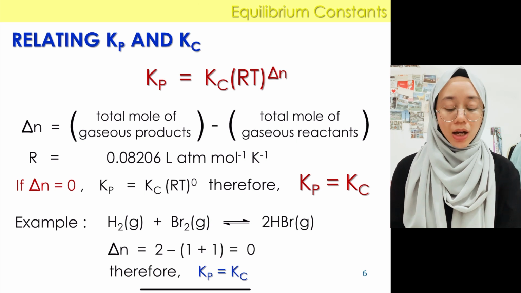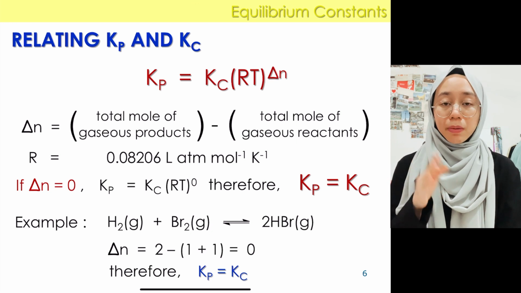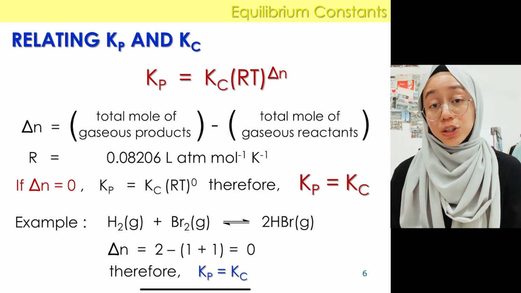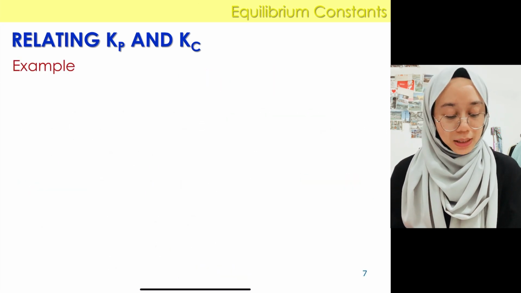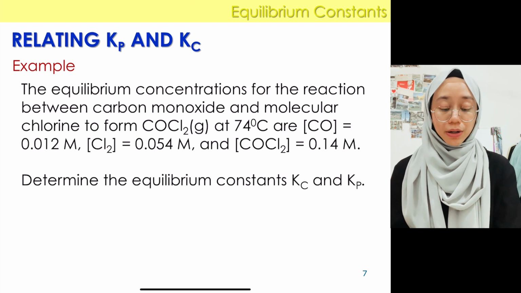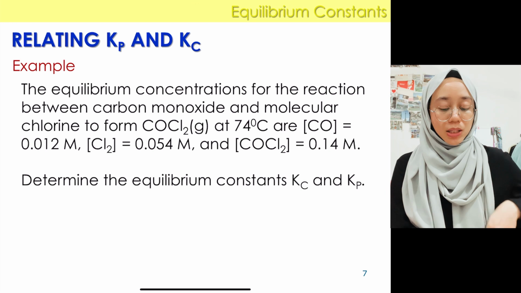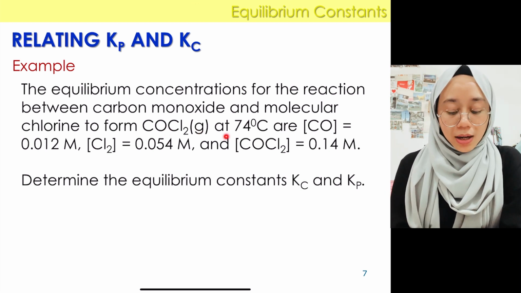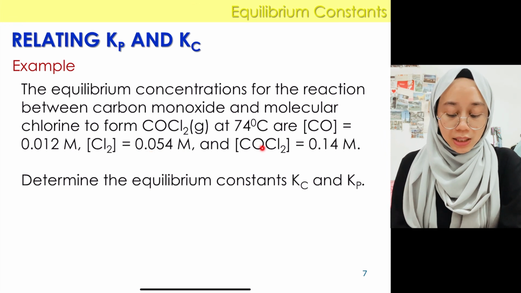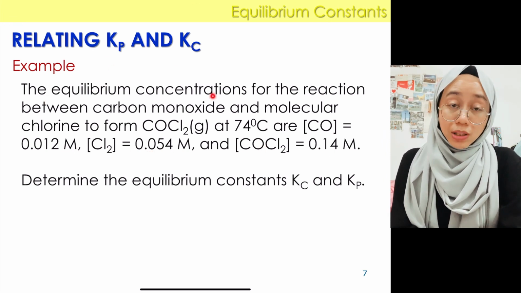So basically Kp akan sama dengan Kc in this particular case kalau delta N adalah equals to 0. Tapi macam yang tadi initially ada cakap, most of the time Kp is not equals to Kc, so most probably the delta N is not equals to 0. So for example here, let's have a look at this question. The equilibrium concentration for the reaction between carbon monoxide and molecular chlorine to form COCl2, which is a gas, at 74 degrees Celsius are given to you, and concentration ni adalah value yang dekat equilibrium, sebab dia mention equilibrium concentration.